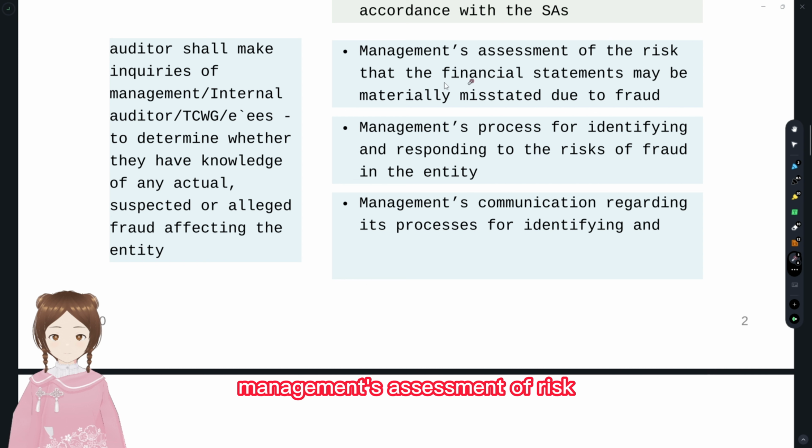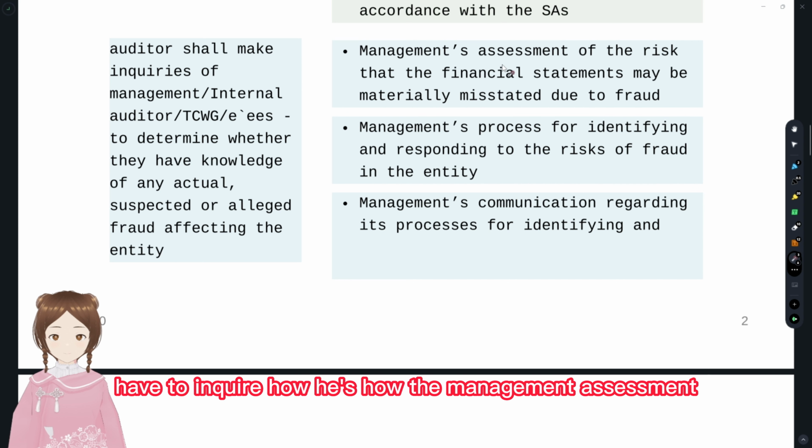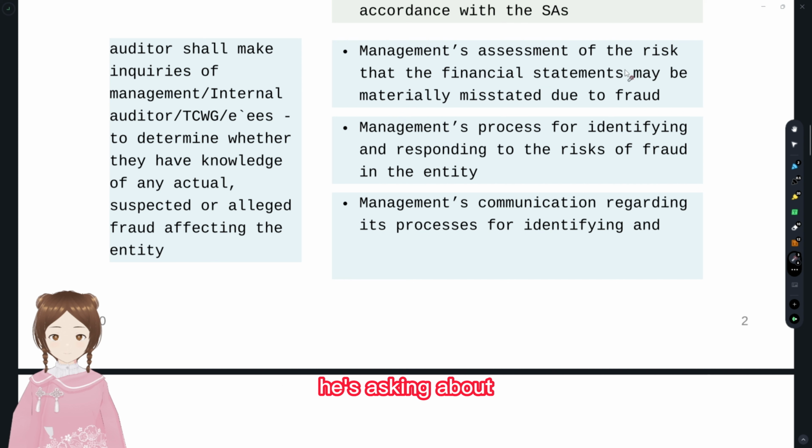Management's assessment of the risk that financial statements may be materially misstated due to fraud. He has to inquire whether they had assessed any risk that the financial statements could be misstated. He's asking about management's assessment of that risk. Second, management's process for identifying and responding to the risks of fraud in the entity.